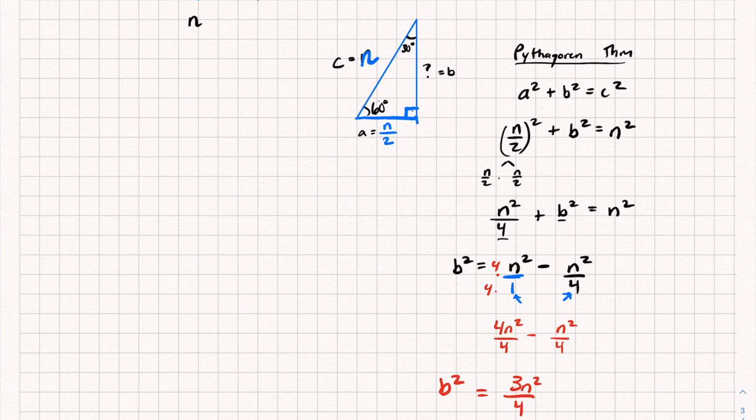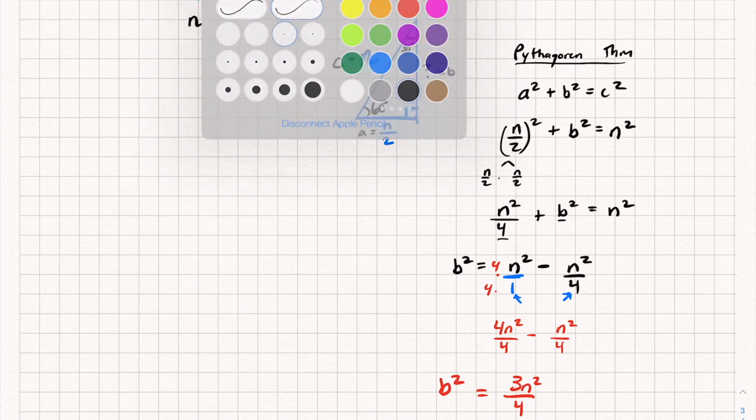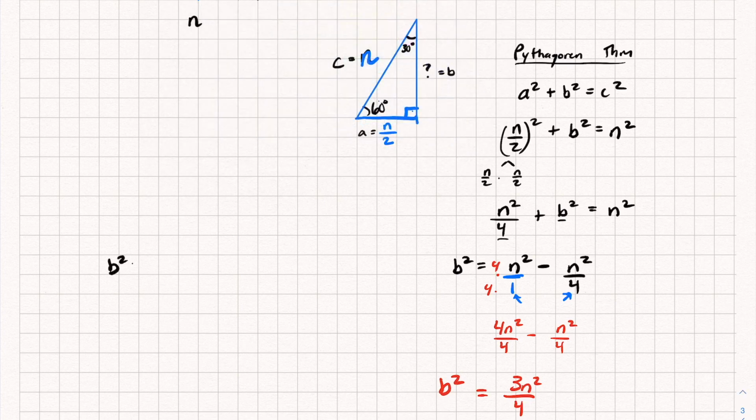Another approach that I want you to see, and hopefully this makes sense, is again, I want to go back to the beginning part. B squared is equal to n squared minus n squared over 4. And it really involves understanding what this fraction means right here. Because I'm essentially saying I have 1 n squared, and I want to subtract from it a quarter of n squared. Notice that this is essentially saying 1/4 of n squared.